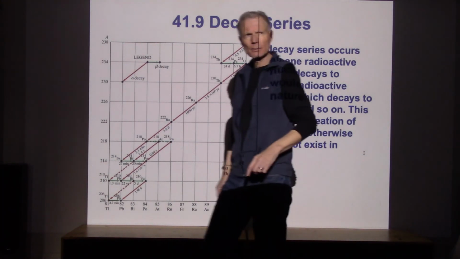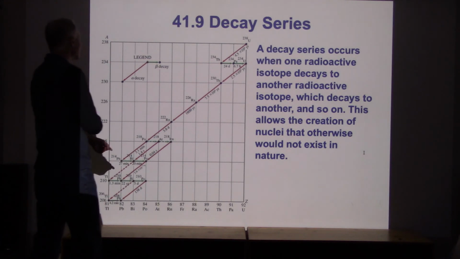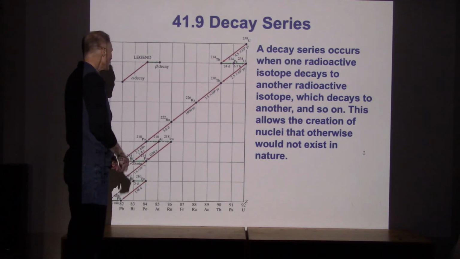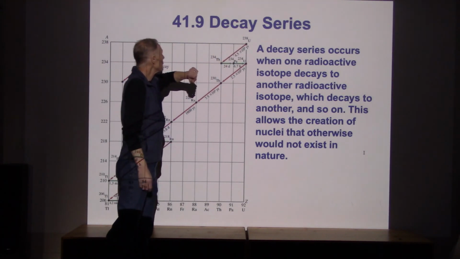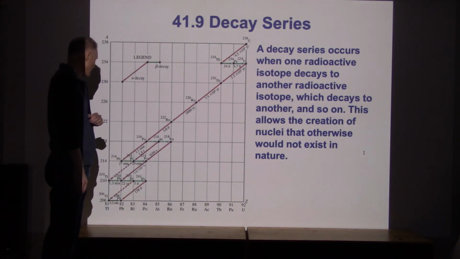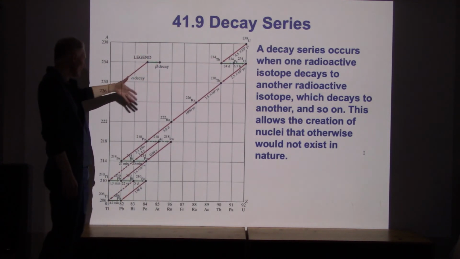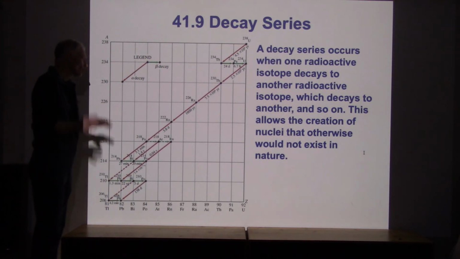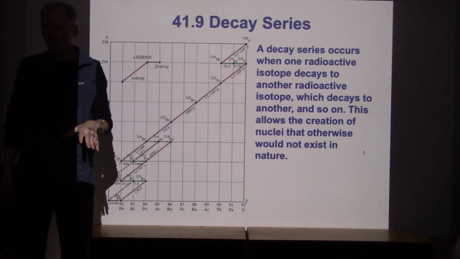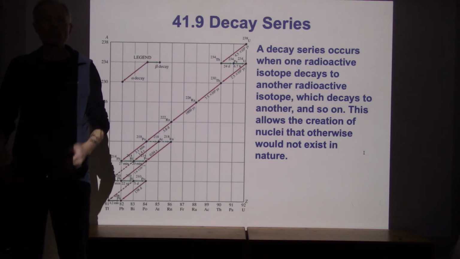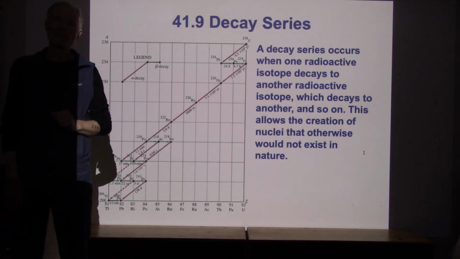what's going to happen with these materials, keeping an eye on the clock here, is every time uranium-238 decays, we're going to get one decay each for all of the intermediate numbers. So even though they have short half-lives, all of these short-lived radioactive materials have to wait for a uranium-238 to decay to set off the whole decay series.